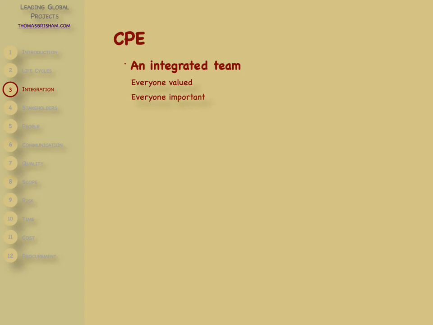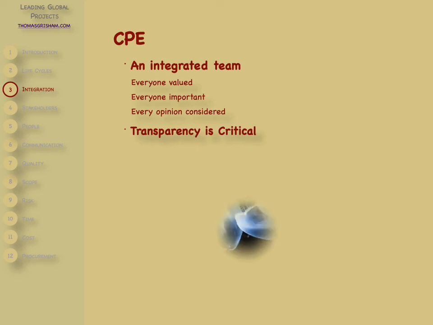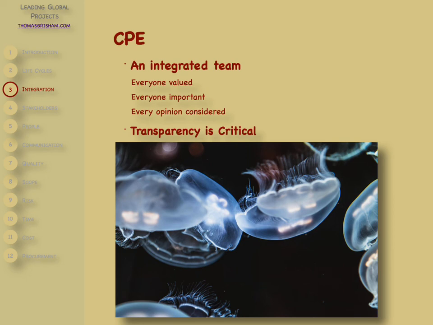Everyone is important. Every opinion is considered, and transparency is critical. You need to be open so that people feel as if you can be trusted. Nothing is being hidden. So like the jellyfish in the picture, the idea that there's nothing that you can't see.